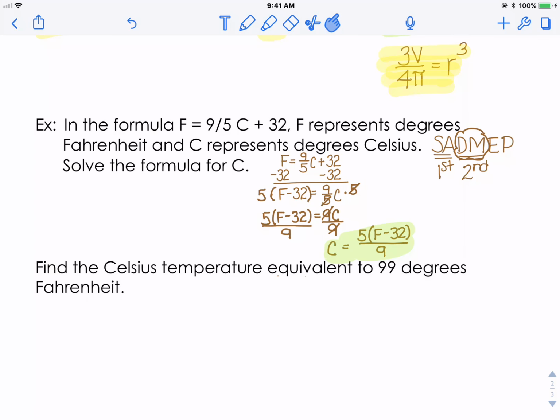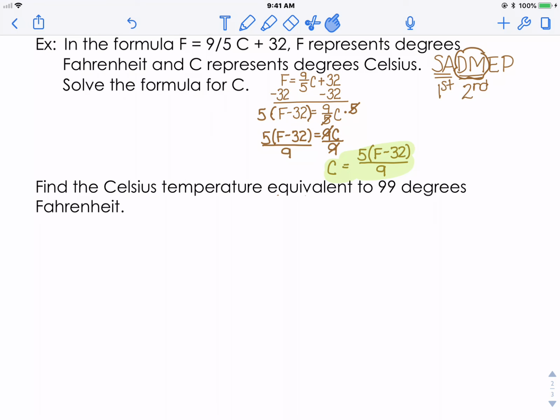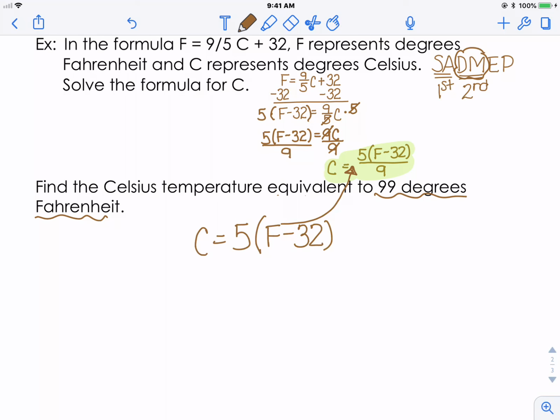Then the last thing is to actually use that formula now to find the equivalent temperature for one that we know. So this formula is going to spit out a Celsius temperature. We'd like to know if it's 99 degrees Fahrenheit, a nice warm day, what that would look like in Celsius. So as I bring down my formula, it's going to be 5 times the quantity F minus 32 divided by 9.